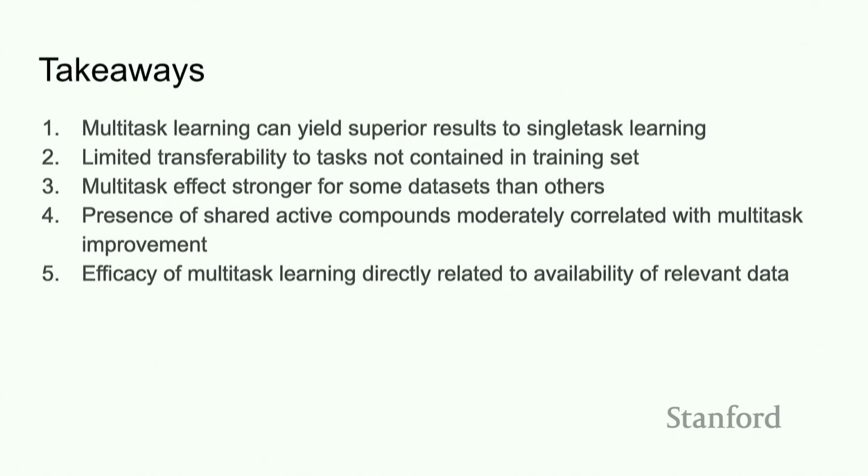Again, this was in relation to the fifth experiment, where they saw that if a molecule was in 30 tasks versus only in 5 tasks, then it would benefit more from the multitask training. And lastly, the efficacy of multitask learning is directly related to the availability of the relevant data. Again, pointing to the fifth experiment, looking at just how many tasks each data point is associated with.